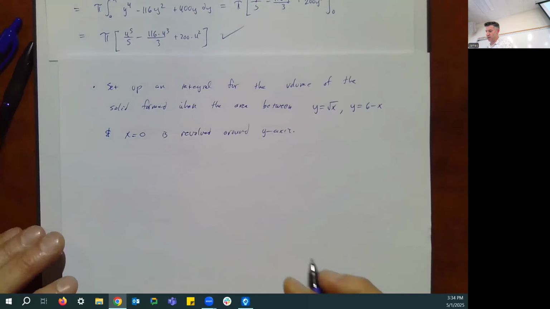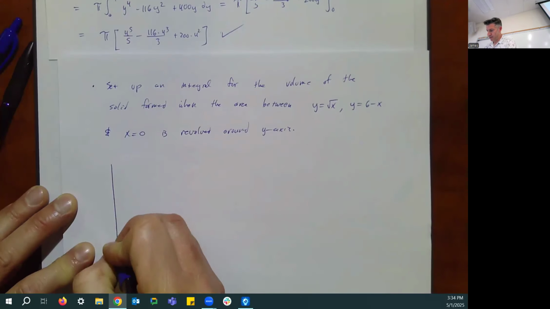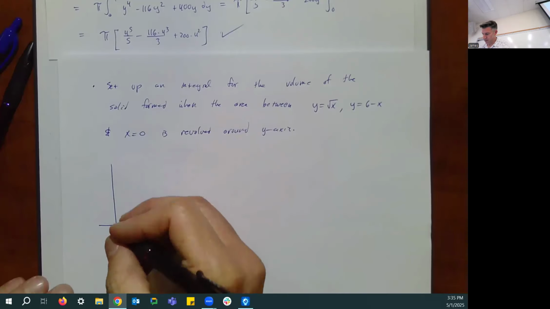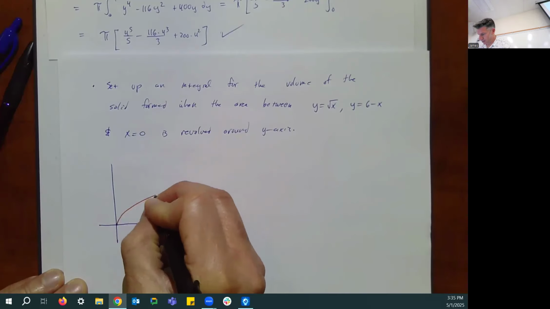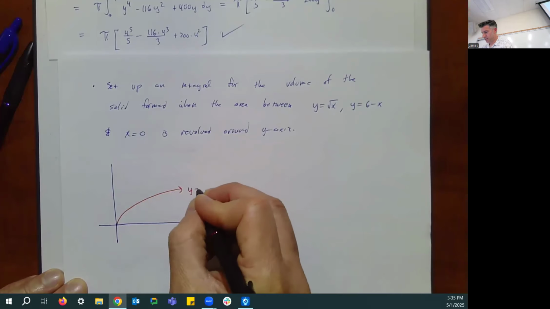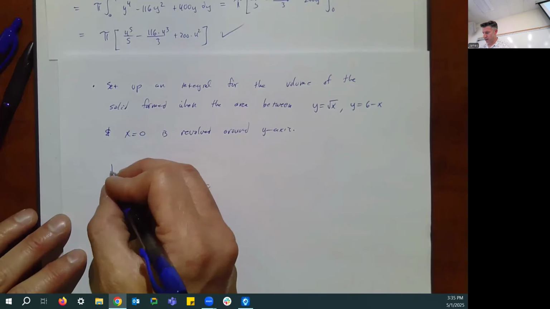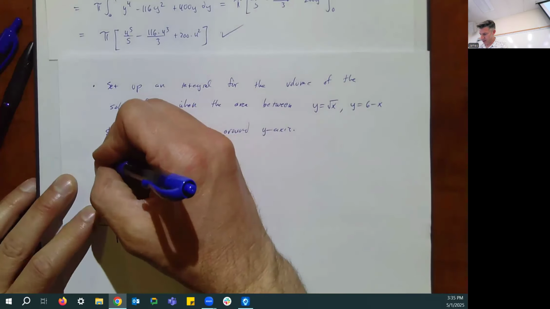So let's draw the region. y equals root x, easy enough. And y equals 6 minus x is a straight line with a y-intercept of 6 and an x-intercept of 6, so it looks something like this.